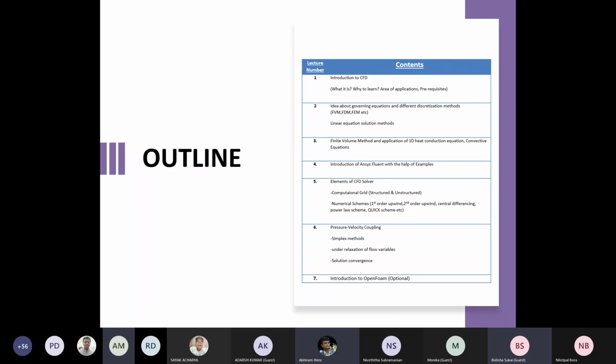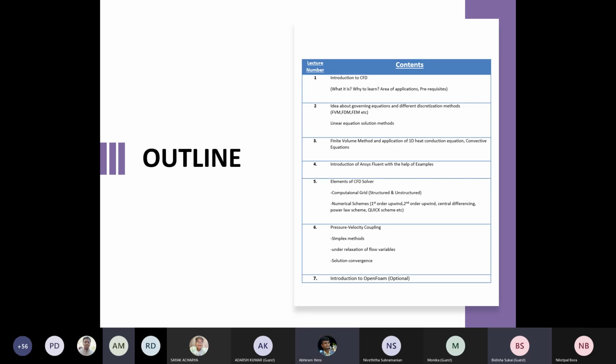But it needs a little bit of a Linux environment, meaning you need to know a few Linux commands, etc. So that is a separate lecture which you can take later on. Those who are interested can participate in that. But the first 6 lectures will give you a brief outline of CFD.